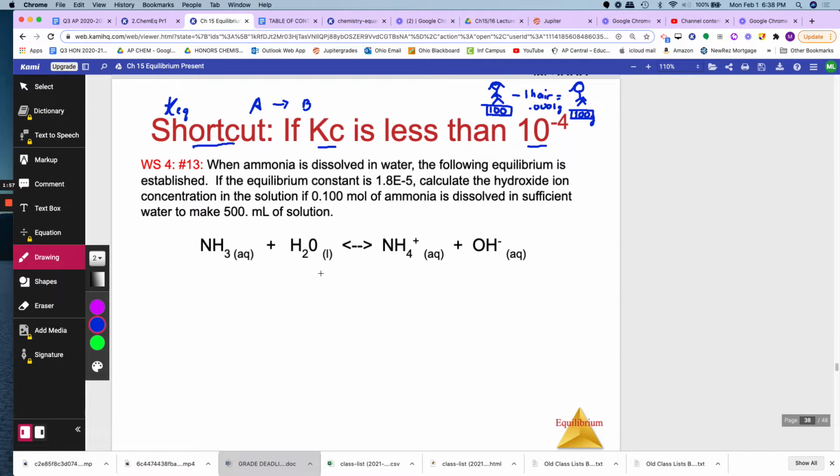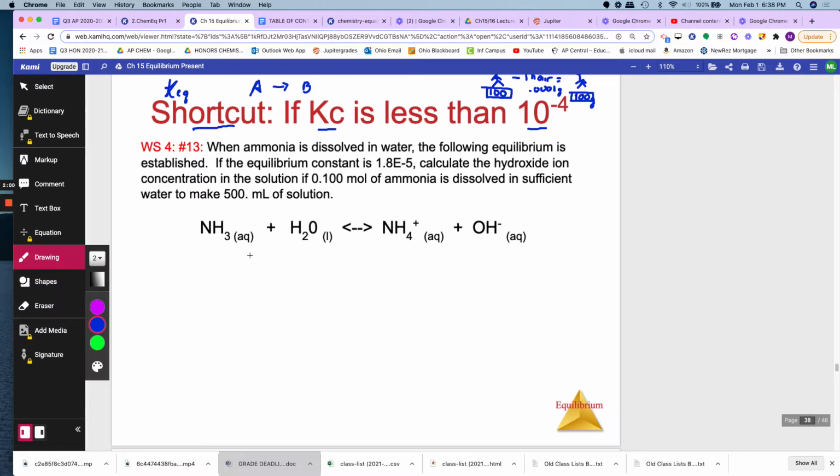Let me demonstrate. So it says when ammonia dissolves in water, here's ammonia right here. It's dissolving in water. Remember, H2O is a liquid. You do not put that into the equilibrium expression. The following equilibrium is established. If the equilibrium constant is 1.8 e negative 5, that means it's very, very small. K equilibrium is equal to products over reactants.